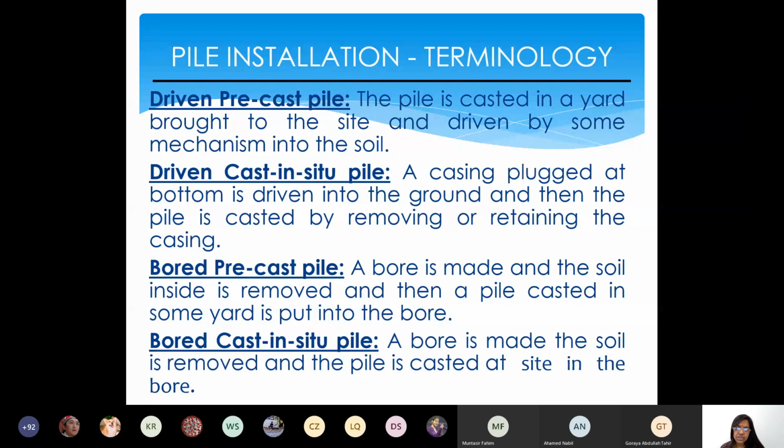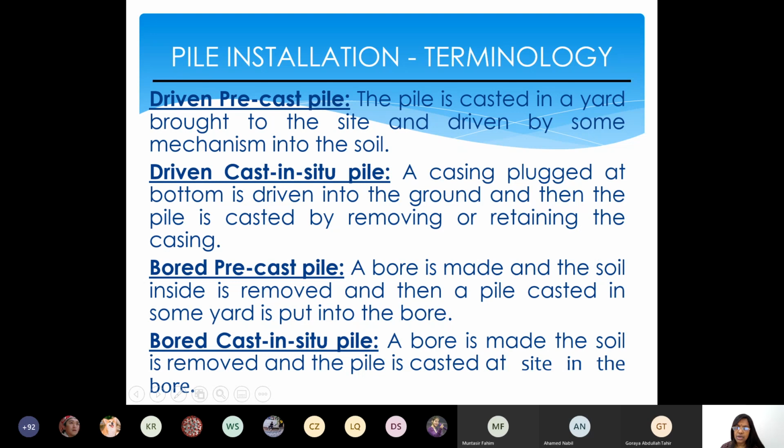Say for example a bridge construction, a pile foundation constructed for holding a bridge, which is always in water. Inside water, there are chances of floating, chances of sliding, and erosion is very heavy. Bored cast in situ pile. A bore is made, the soil is removed and the pile is cast at the site in the bore.